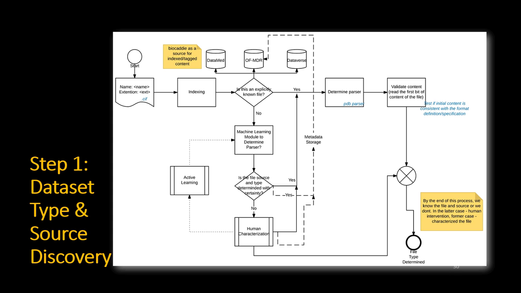That's the active learning part of that. It's where we can then repurpose that machine learning to give us a score of whether or not this is a known data source or not, and then begin to store new data about it. From there, we can have at least a reasonable guess at a known file type, and then be able to move forward with the next step.